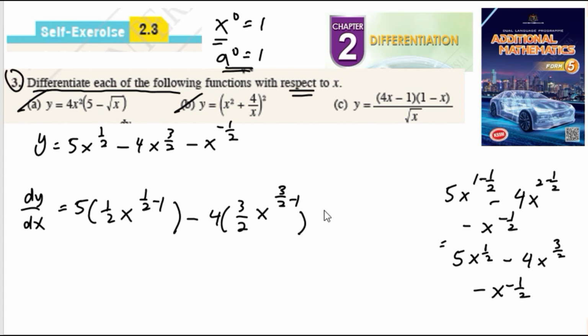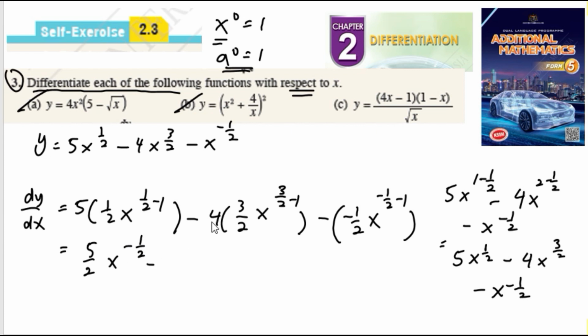And then the third one, you bring the power forward. The power is negative half, so you have negative half here, then x, and you have to minus the power with 1: negative half minus 1. So here 5 times half, you get 5 over 2, x to the half minus 1, you get negative half.